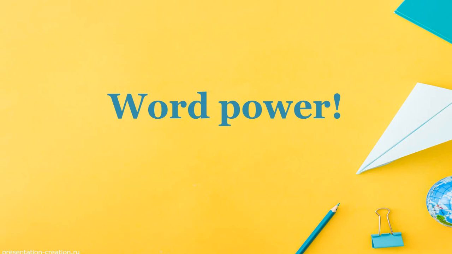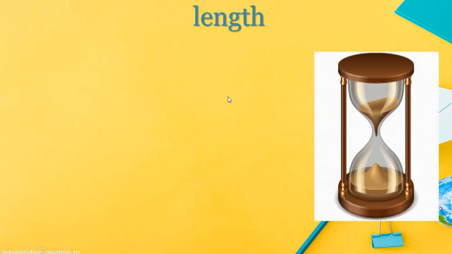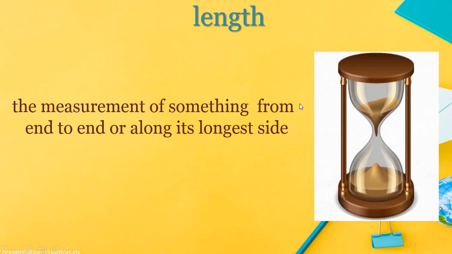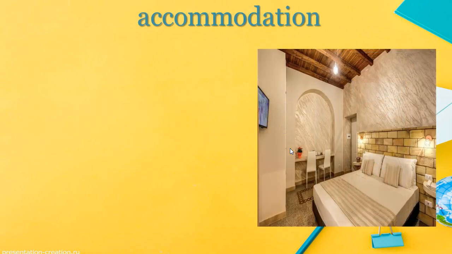Before starting our lesson, look through the new vocabulary. Our first new word is length. What is the definition of length? The measurement of something from end to end or along its longest side. Now look at the second new word, accommodation.